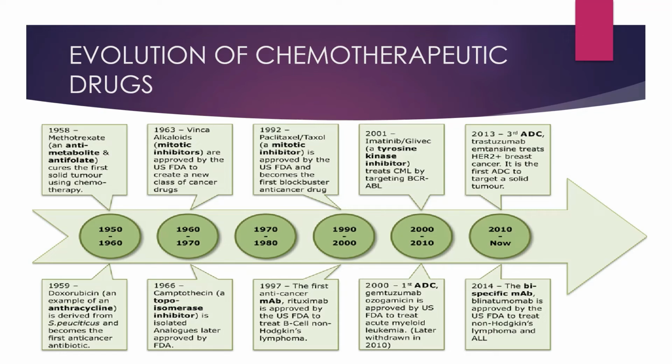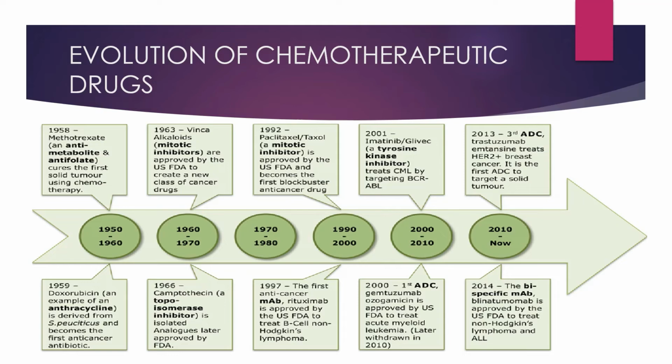But in the year 2000, the first antibody drug conjugate approved by the FDA was gemtuzumab ozogamicin, approved by the US FDA to treat acute myeloid leukemia. That is one of the main points to be noted. Later it was withdrawn, but it was the first FDA approved ADC.